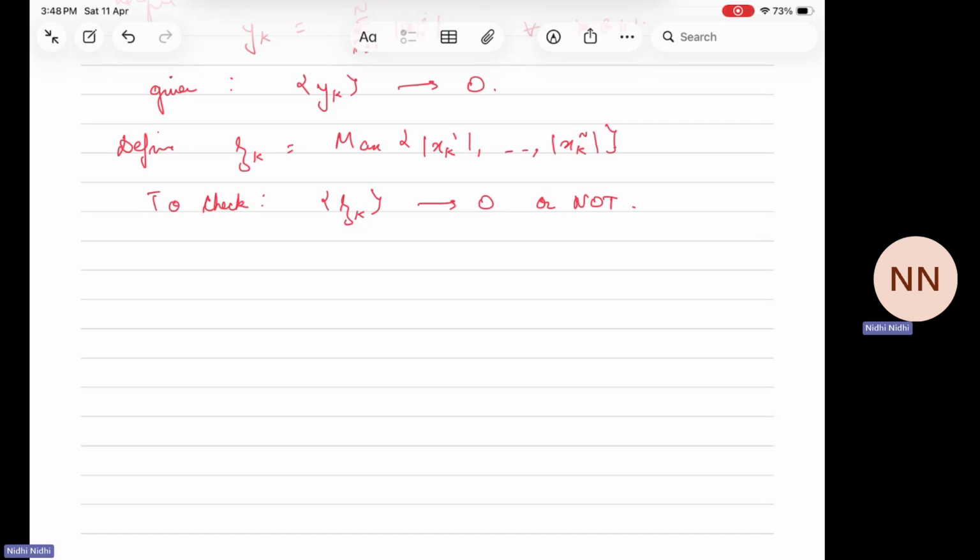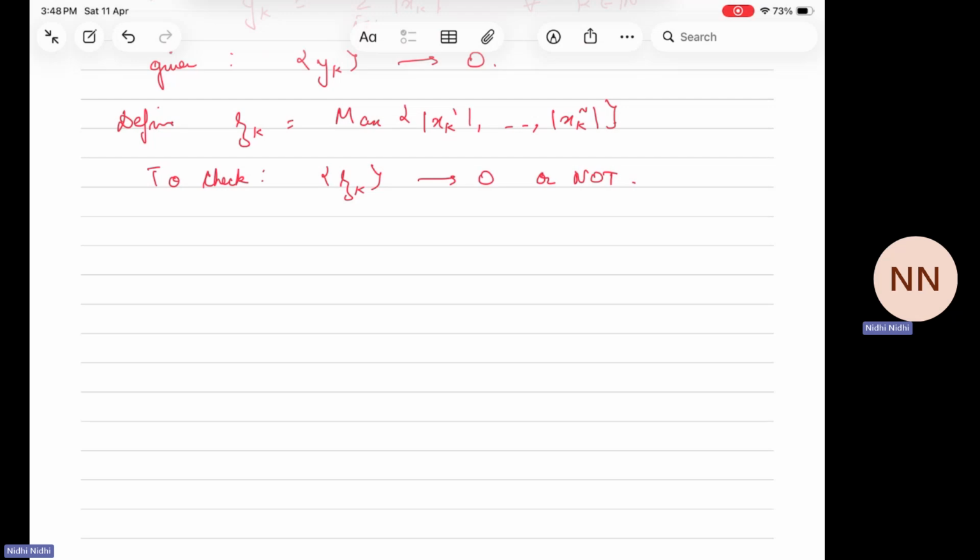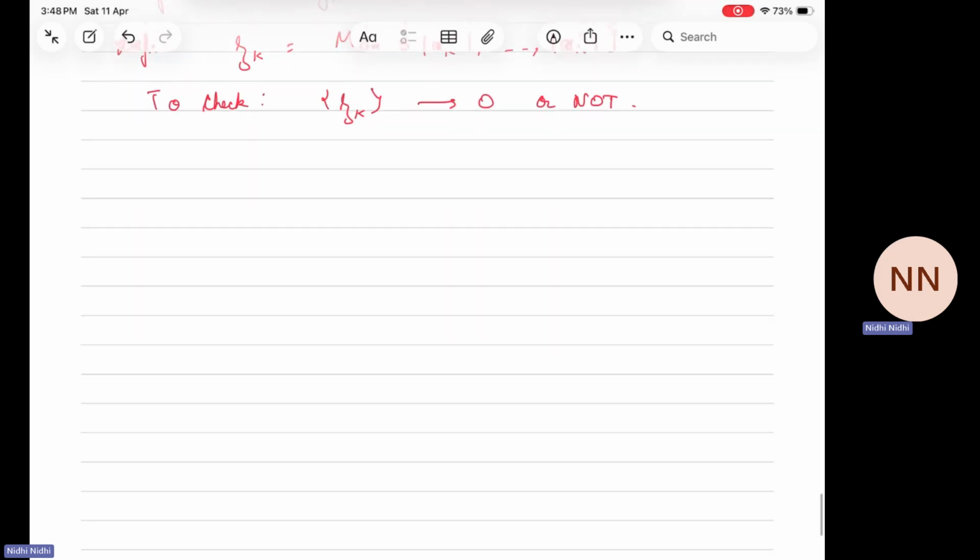We are given that the sequence yk converges to 0. That means we'll use the basic definition.